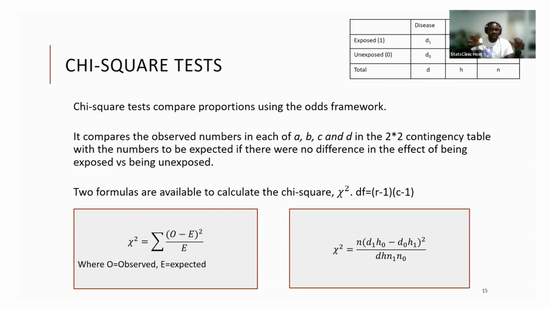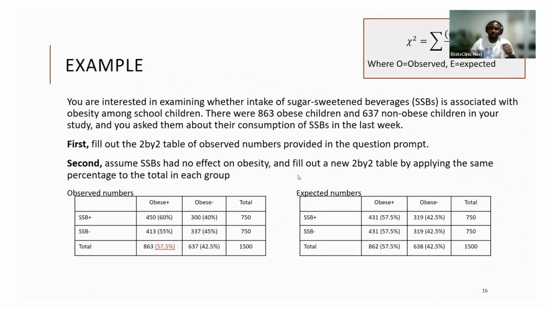Now, if you have an observation, you want to imagine a situation where the exposure did not lead to the disease, okay? If you want to create a 2x2 table where the exposure does not lead to the disease, what will the 2x2 table look like? And I'll show you that in one moment using an example.